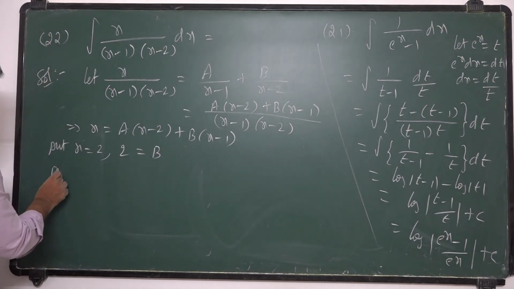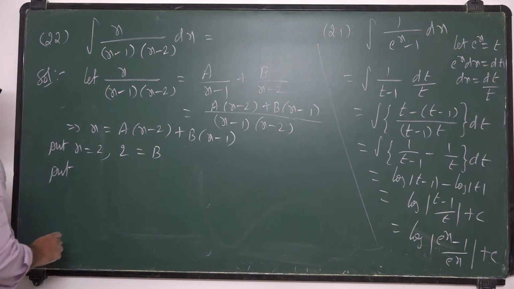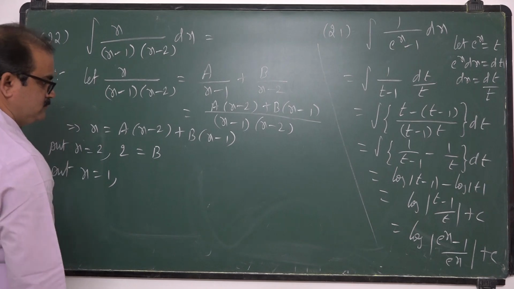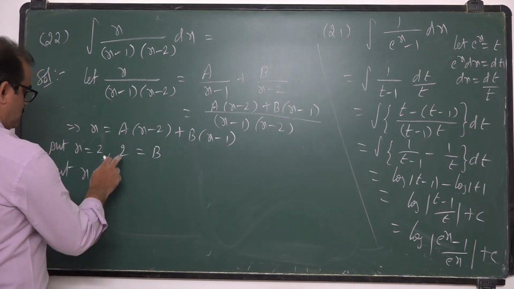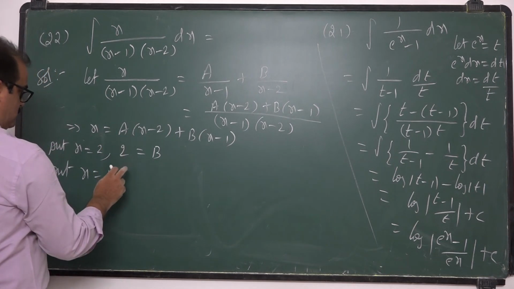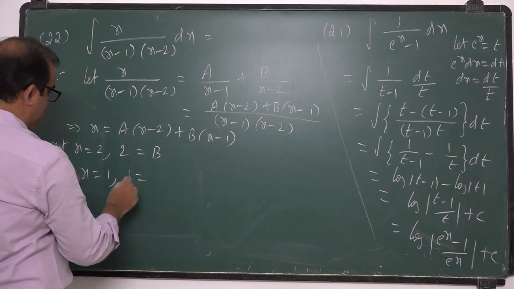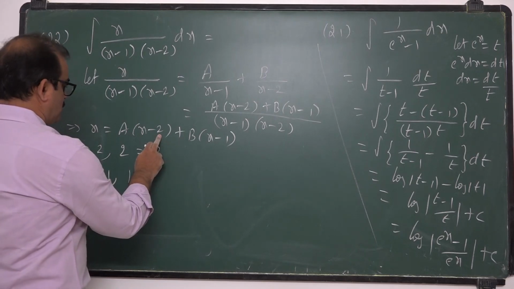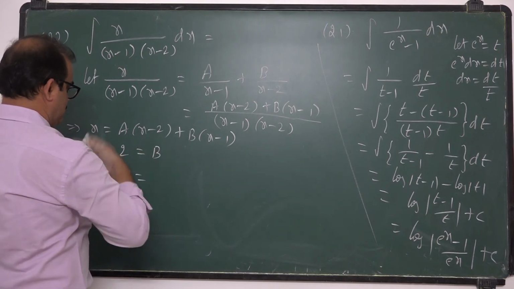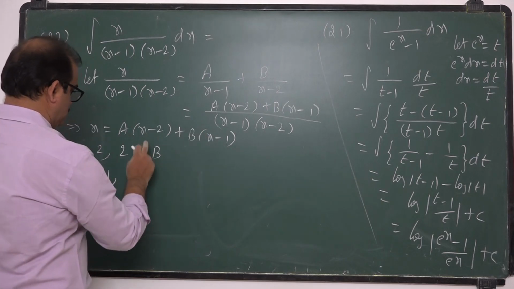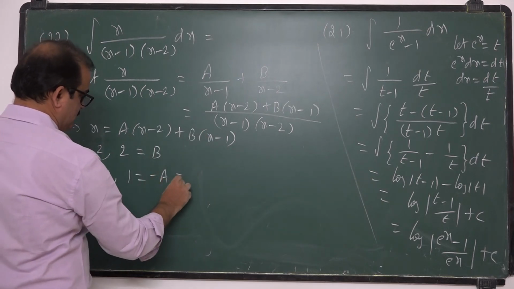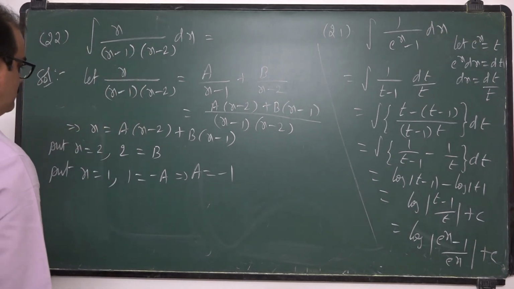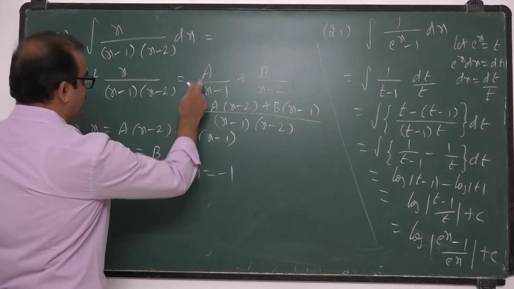Next we put x is equal to 1. If we put x is equal to 1, we get 1 is equal to, 1 minus 2 is minus 1, 1 minus 1 is 0, so minus a. From this a is equal to minus 1.